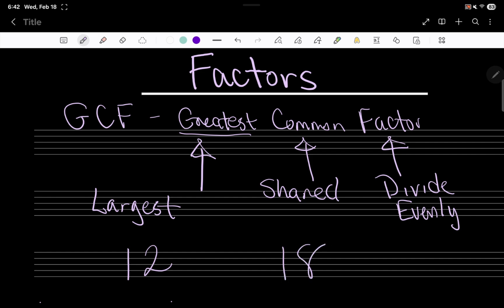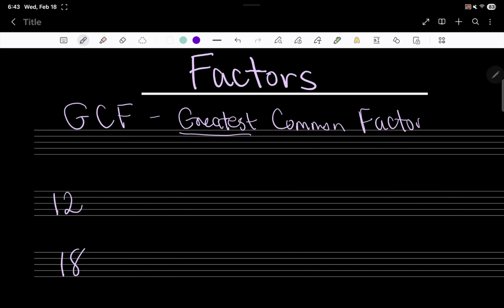Let me clean this up a bit and we can get started. We have 12 and 18. We're going to start off by discovering what multiplies to create these values, and then list them on the side.